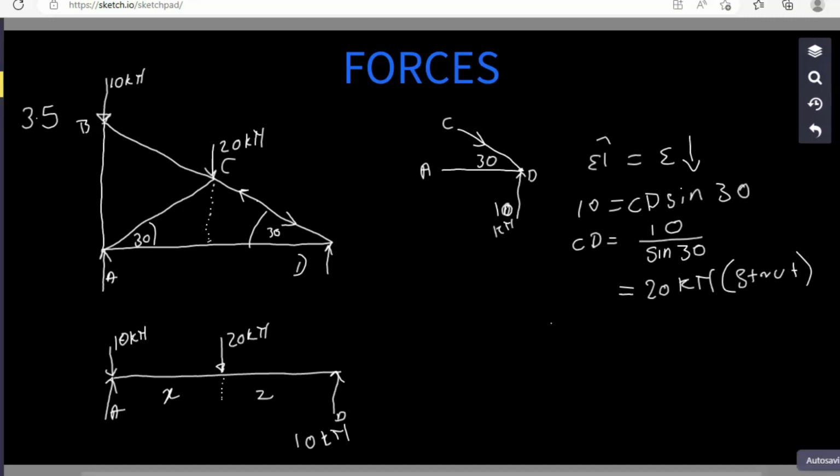And then from there we are going to look at the sum of the forces to the right-hand side is equal to the sum of the forces to the left-hand side. The force going to the right-hand side will be the component of CT, which is CT cos 30.